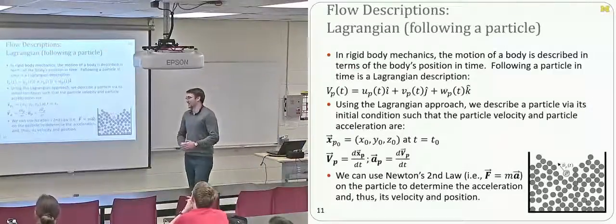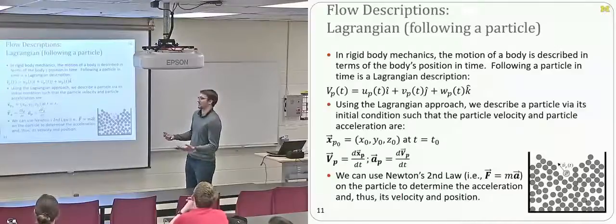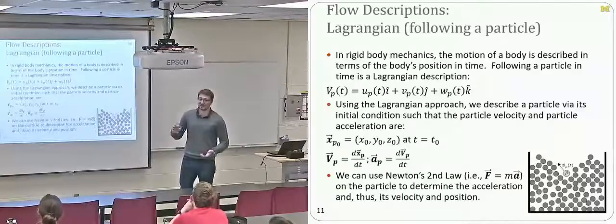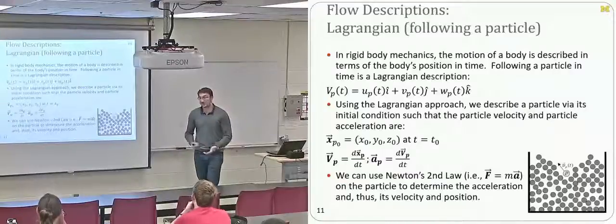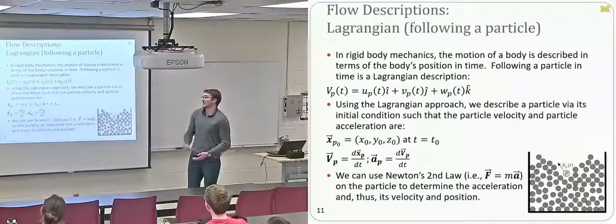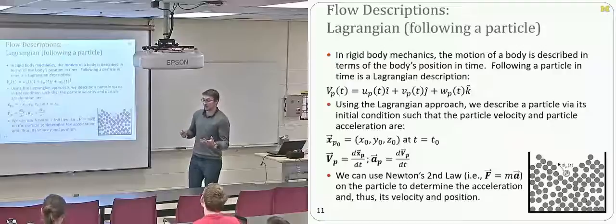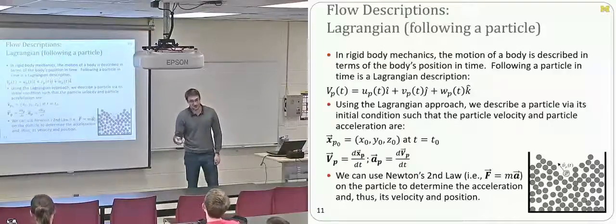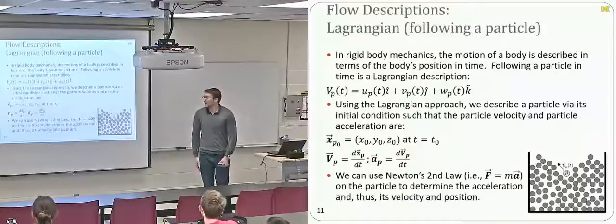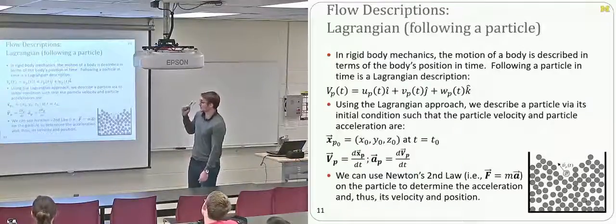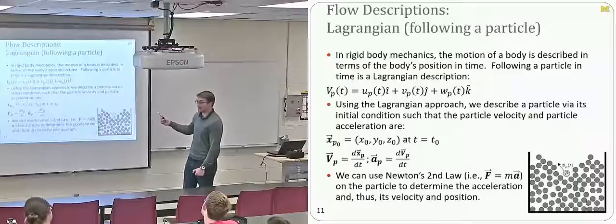We talked about the difference between Lagrangian and Eulerian particle descriptions on the first day, right? Lagrangian is following a specific particle. You tag somebody with a GoPro and you watch the video as they walk through Manhattan. This is usually what we use when we describe rigid body mechanics.